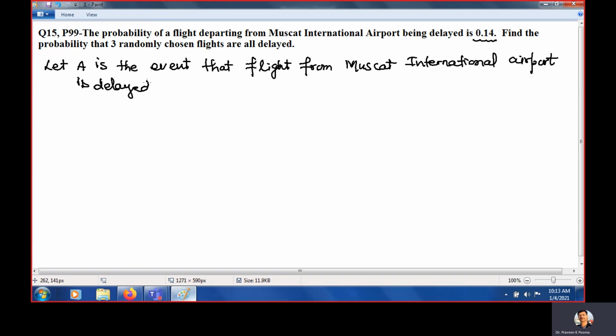So you need to consider first the event A, because the probability of delay is given: the flight from Muscat International Airport is delayed and the probability is 0.14. So we consider the event A and the probability of A is 0.14. This is given. Clear?